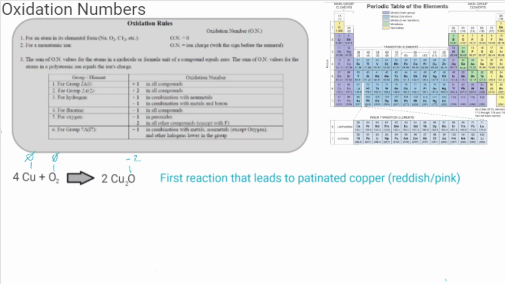So we're going to take the subscript 2, meaning that we have 2 coppers, and we're going to say 2 times the oxidation number of copper, which we don't know, so we're going to just put it in a variable. In this case, I'm going to put x. And that is going to be added to the sum of all the other oxidation numbers. In this case, we only have oxygen.